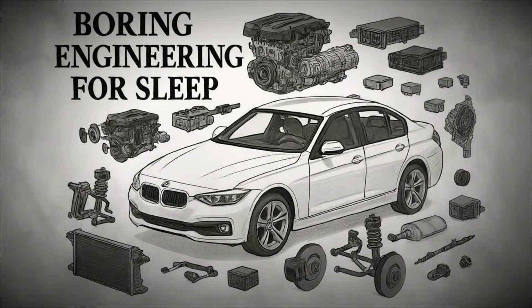In the following sections, we will move through these systems one by one, beginning with the engine and progressing steadily through transmission, suspension, steering, braking, and all the other elements, until the entire structure of the car and the purpose of each part is fully described.